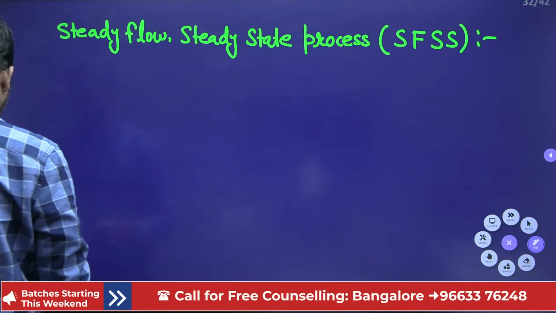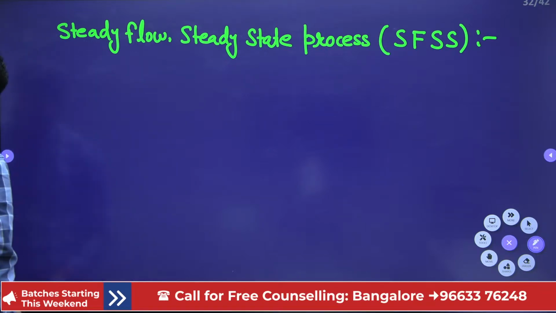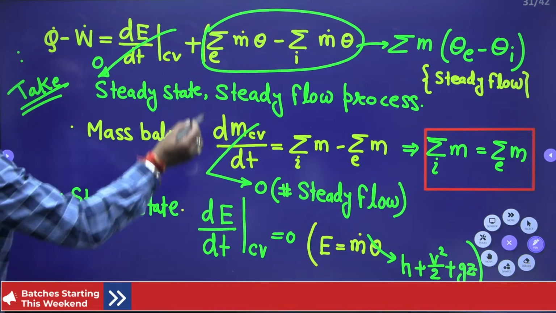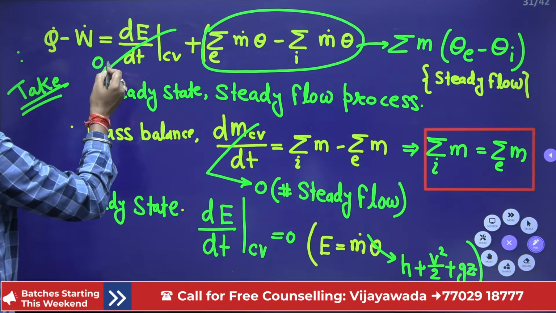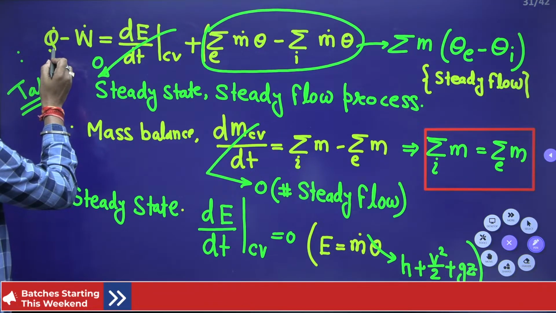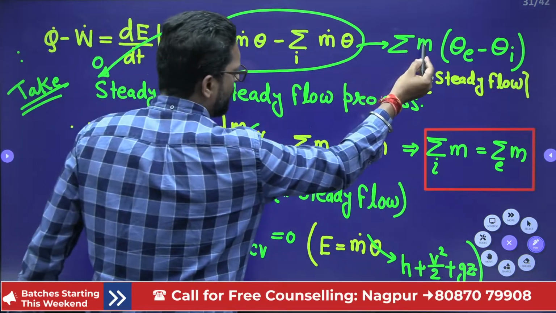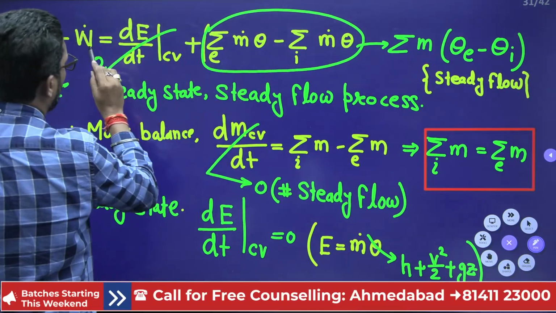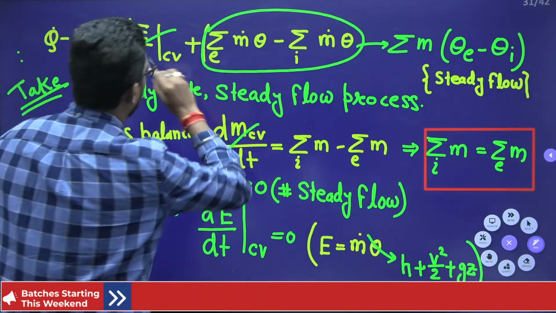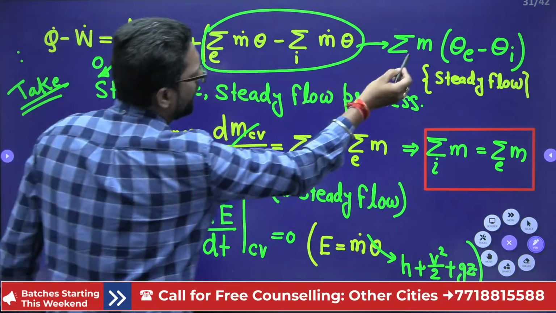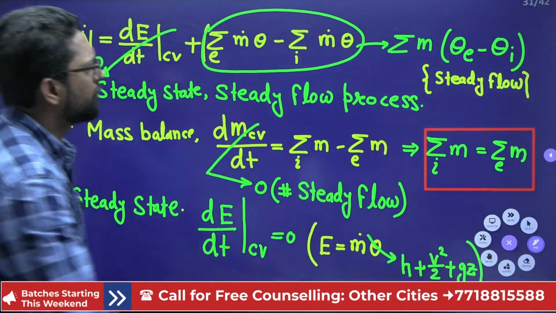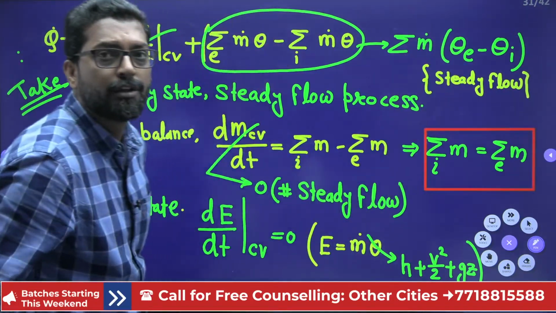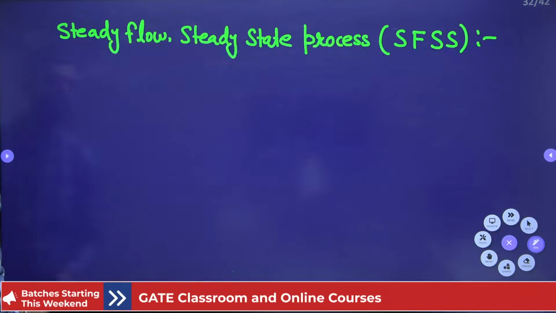Okay. So in this condition, what is that? See this one. This is 0. So Q plus summation of all mass into theta inlet is equal to W dot out on the right side plus m dot into theta exit. So what can we write here?